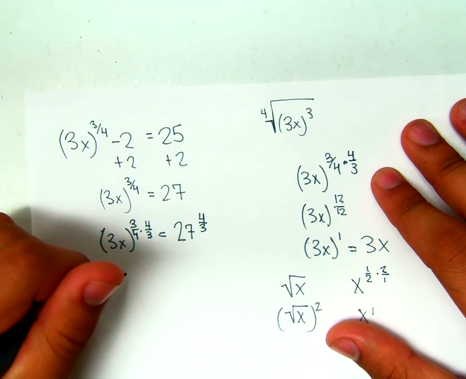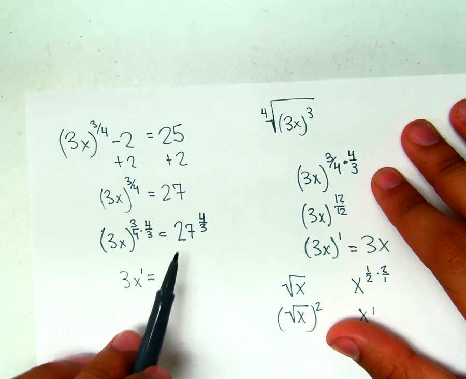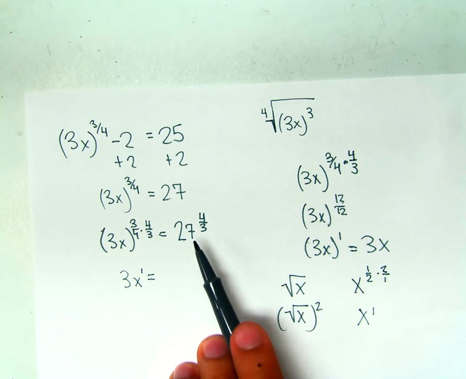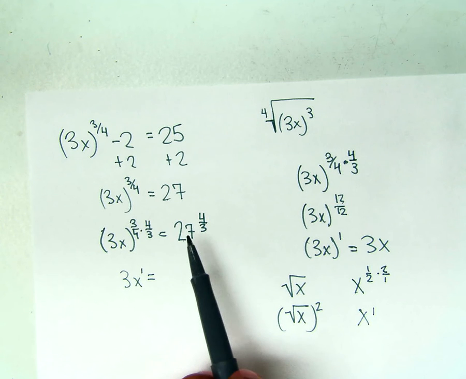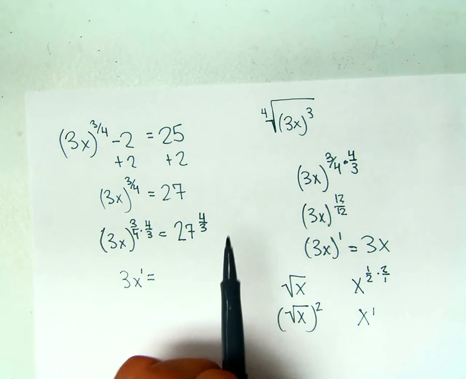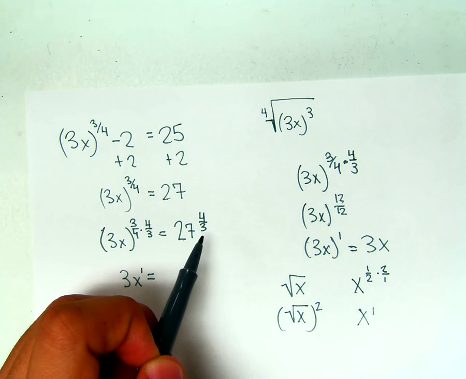These multiply to 1, so we get 3x equals, and now if you have a calculator, you can just plug this in and solve that way. Or if you do not, we can do what we did earlier. We can do the root first, doing the operations separately.